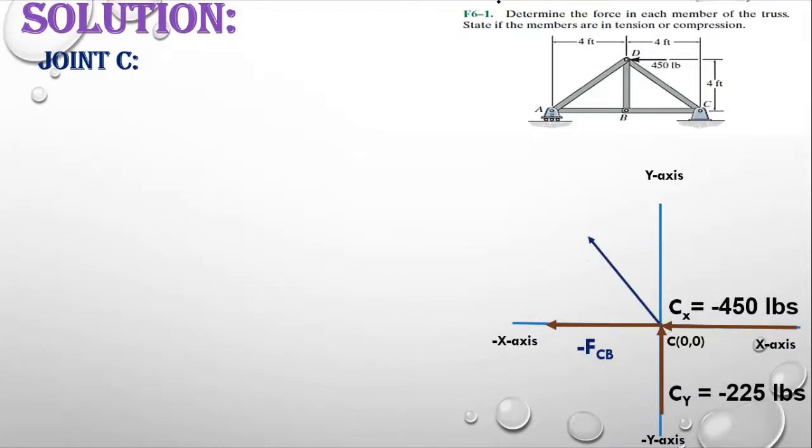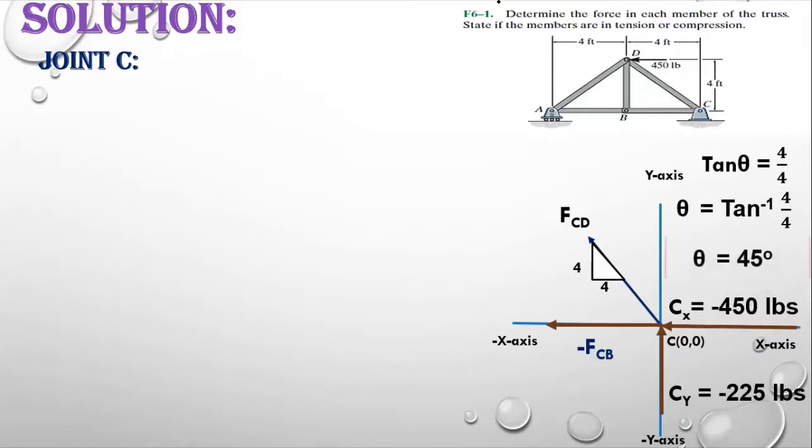There is one inclined member force, FCD, and how can we calculate its angle? Both the base and perpendicular are 4 feet. So tan theta equals 4 upon 4, and theta equals tan inverse of 4 upon 4, so theta comes out to be 45 degrees.